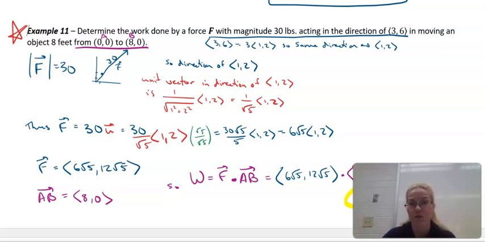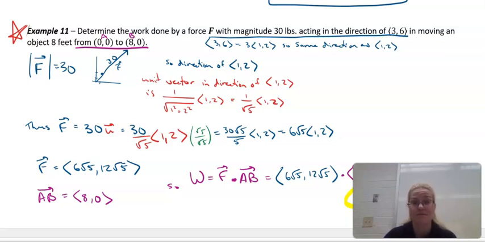The magnitude of 1, 2 was the square root of 5. So 1 over the square root of 5 times 1, 2 is a unit vector in the direction that I want. So F, having magnitude 30, is going to be 30 times 1 over the square root of 5, 1, 2. That gave us the component form right here. F is 6 square root of 5, comma 12 square root of 5. That's the component form of our force F.